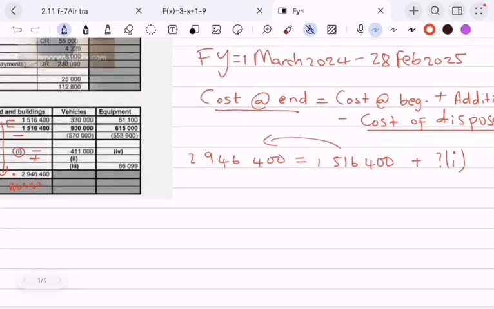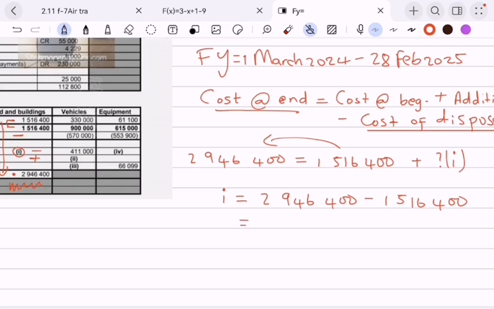So in this case, we would now have to say our Roman figure 1 is equal to 2,946,400 minus your 1,516,400. Beautiful. So let us quickly punch that inside our calculator and check answers for ourselves.